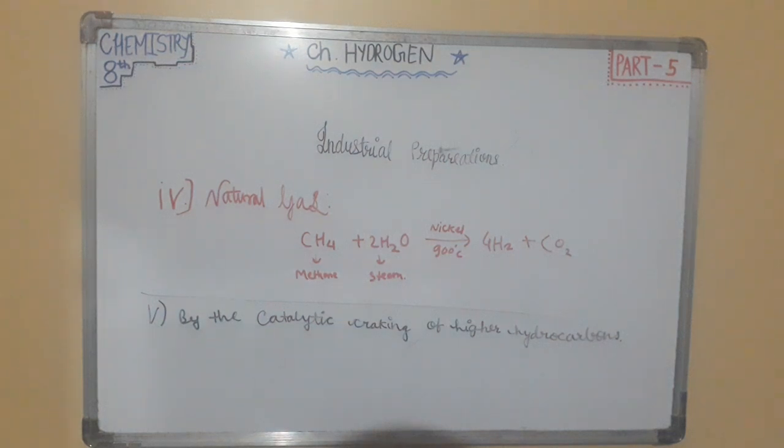The catalytic cracking of higher hydrocarbons yields hydrogen. This is used in the large scale preparation of hydrogen, and hexane on catalytic cracking yields benzene and hydrogen.